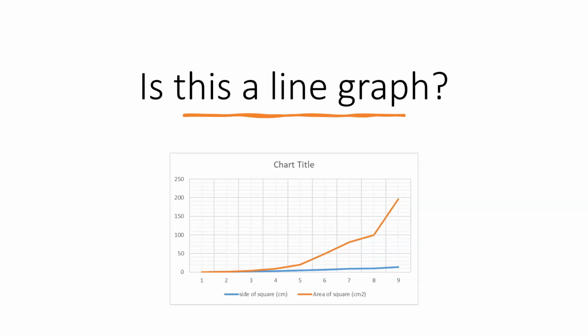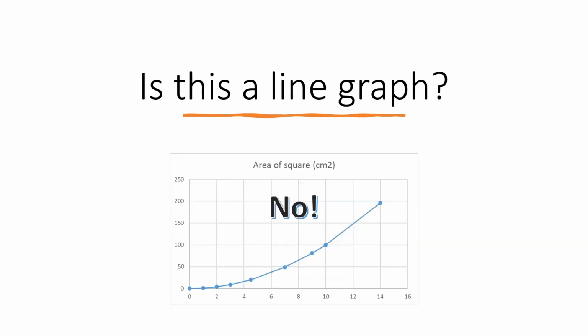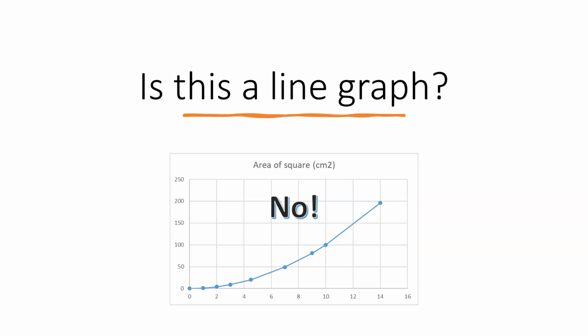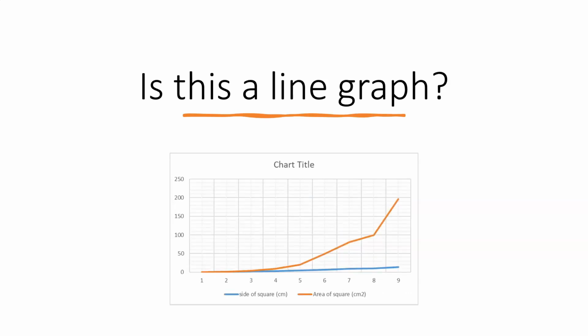This is a line graph. So if you're using Excel, it should not look like that. If you want a line graph, it should look like that. If you're doing a scatter graph, it would look like that, but that's not a line graph. That's a line graph. It's really important that you look on Excel at the names of the types of graph.